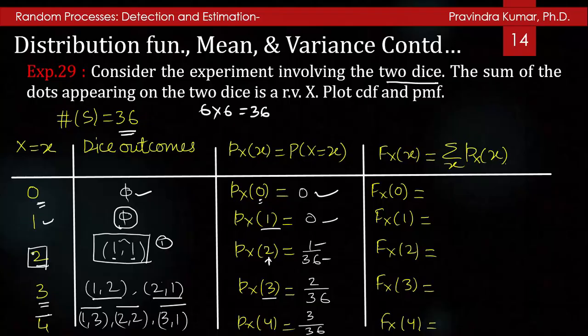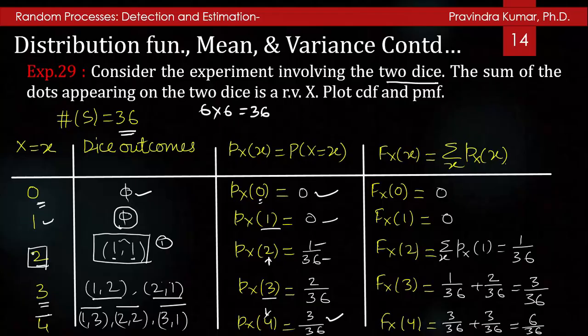2 favorable events are here, and this is 3 favorable events. So the PMF at x is equal to 4, it is 3 by 36. Now the CDF at x is equal to 0, the null set, so the probability of the null set is 0. And F(2) means the probability when x is less than or equal to 2.